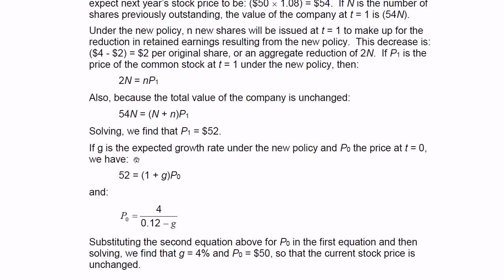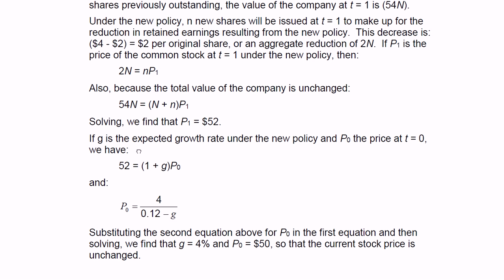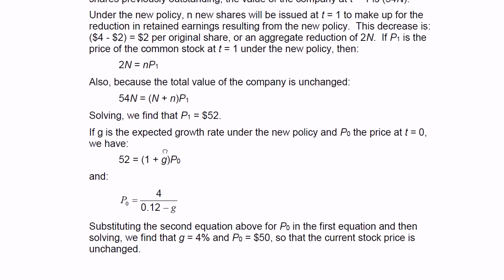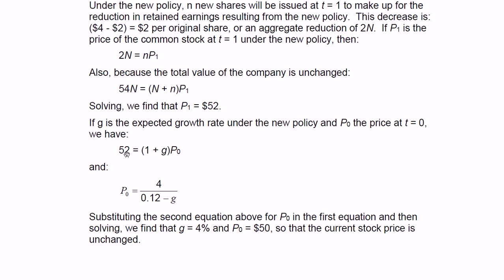And if g is the expected growth rate under the new policy and P0 the price at t equals 0, to reach the 52 from t equals 0, we must have the initial price multiplied by the growth equals 52.